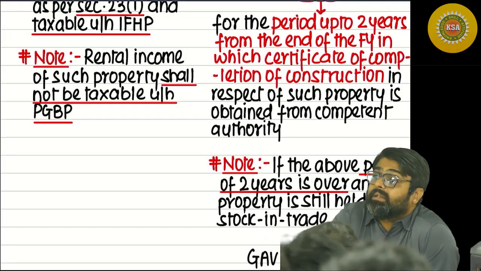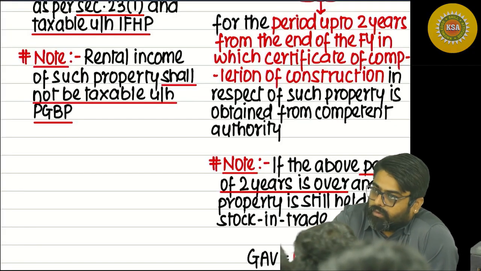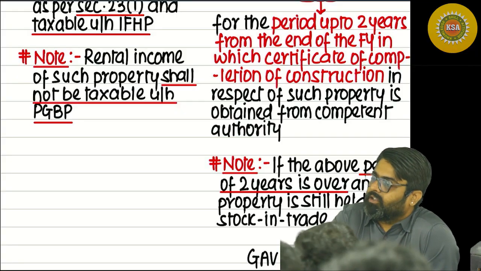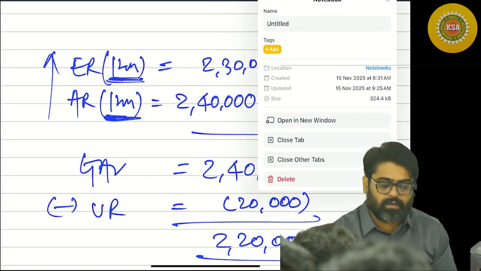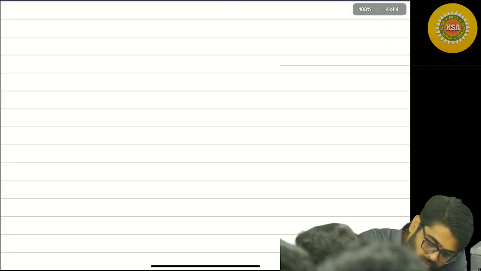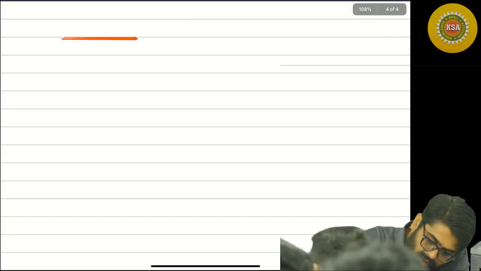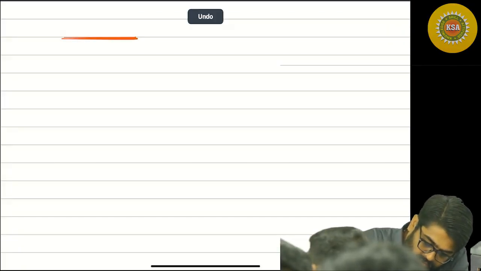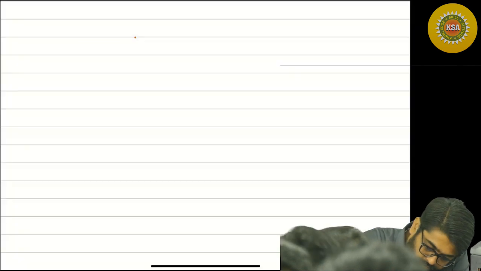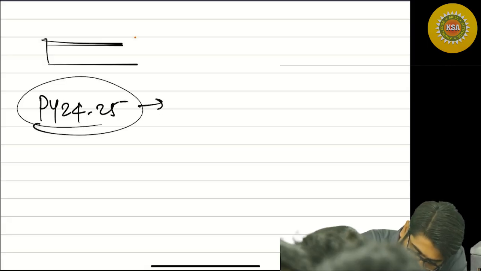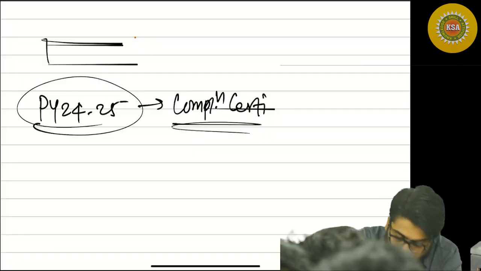Suppose the completion certificate is issued in previous year 24-25. What is the previous year, guys? Previous year 24-25. In this previous year, the completion certificate was issued.